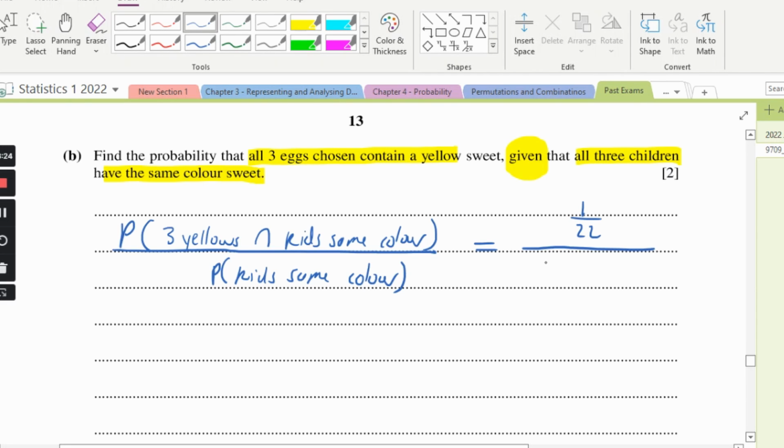And all 3 children have the same color sweet. So what's the probability of that? 3/44. Okay, and we can simplify this. Actually, we can do this in our heads, can't we? We can. Yes. Or you could have just changed this into 44ths, but there we go.